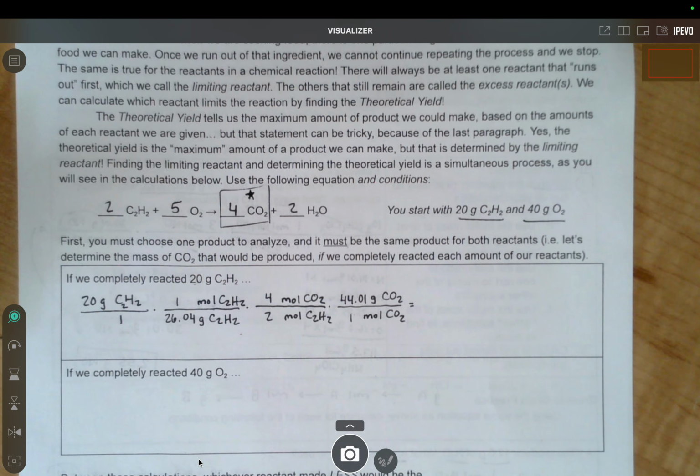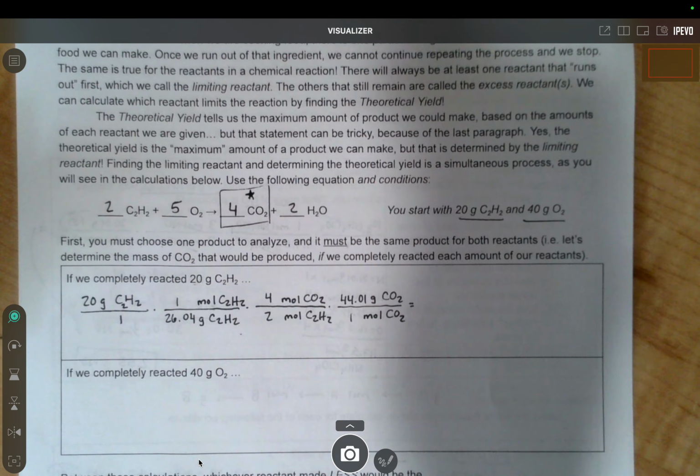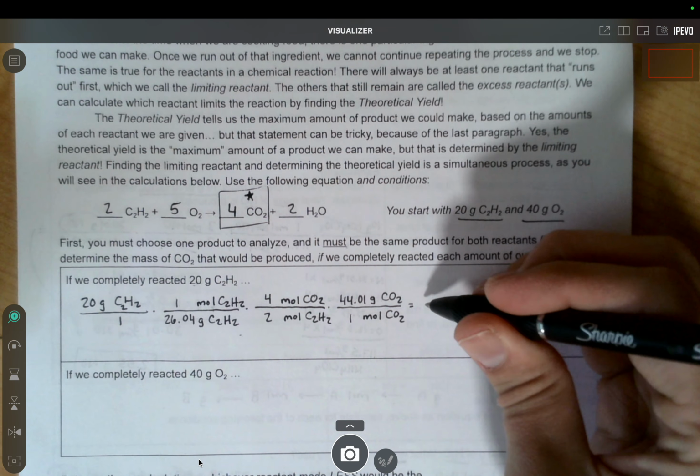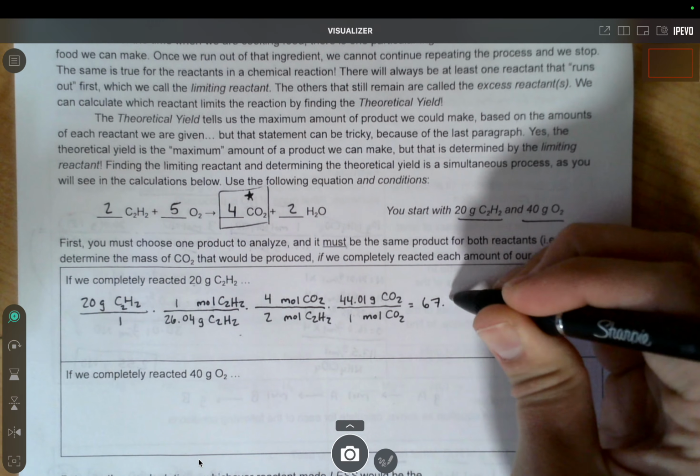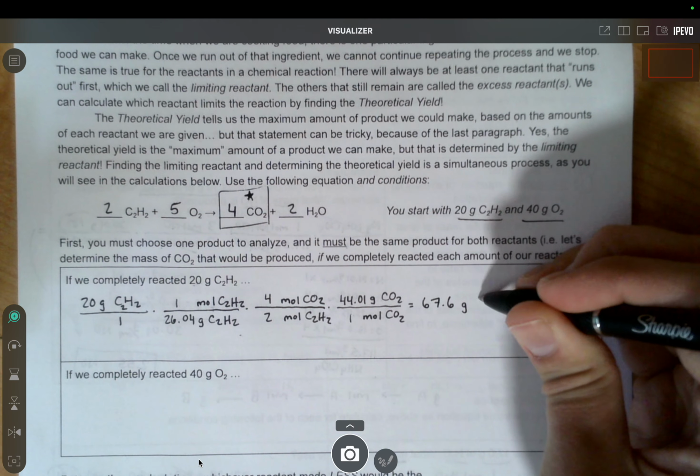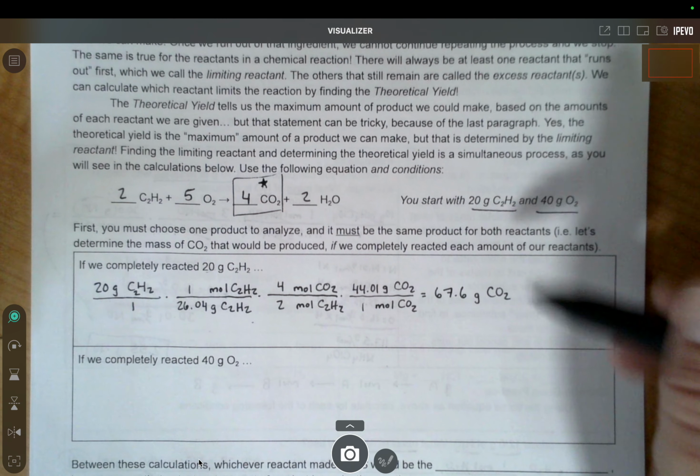When I solve for this, I will do 20 times 1 times 4 times 44.01. That gives me 3,520.8. Wow, big number. Divided by 26.04 divided by 2, and there's my answer: 67.6 grams of CO2.